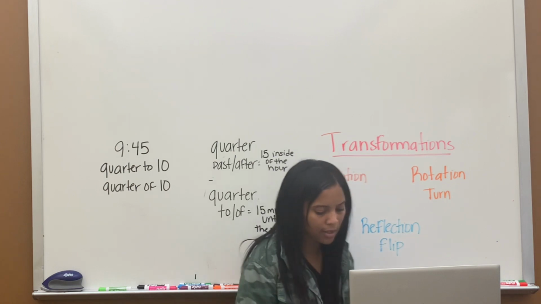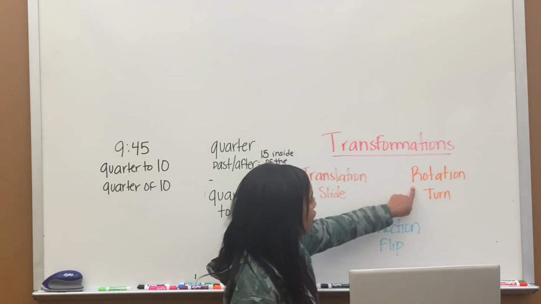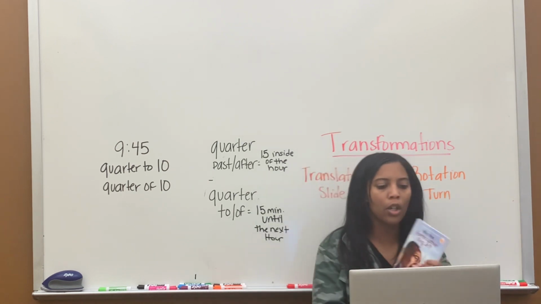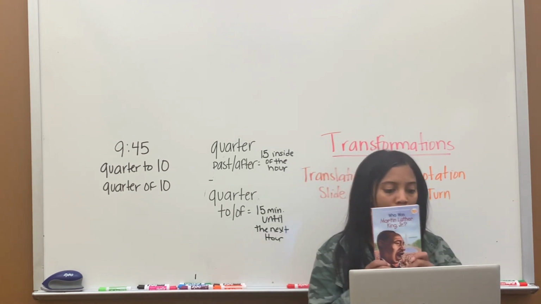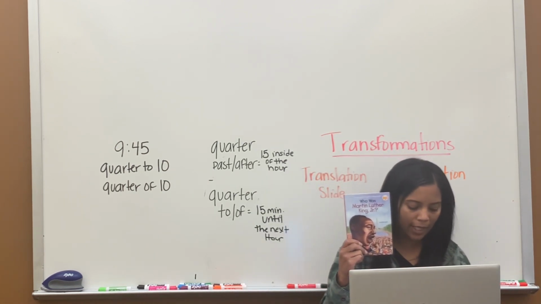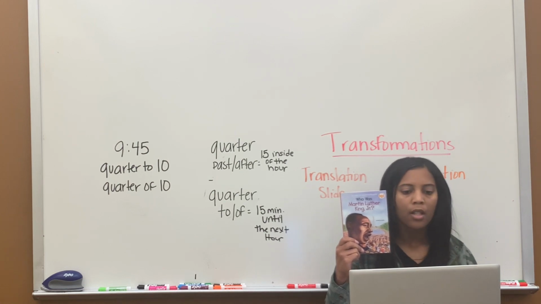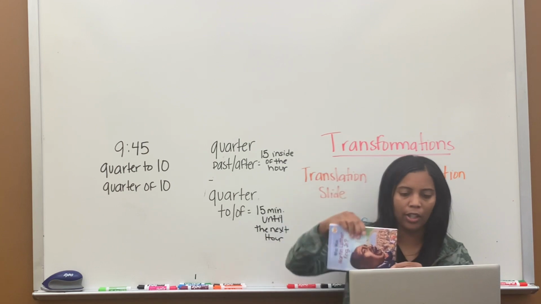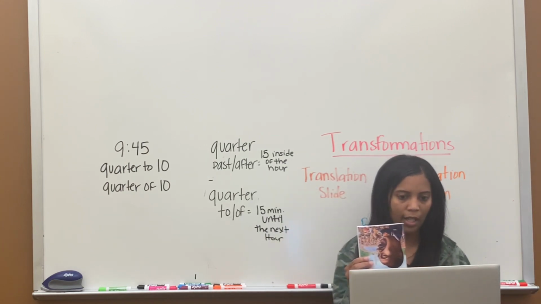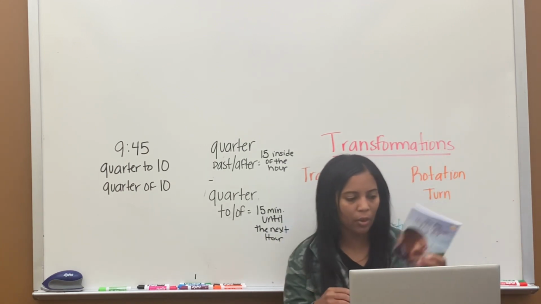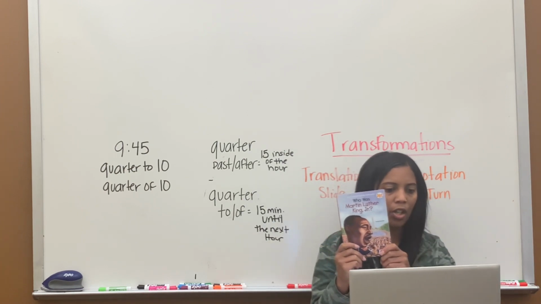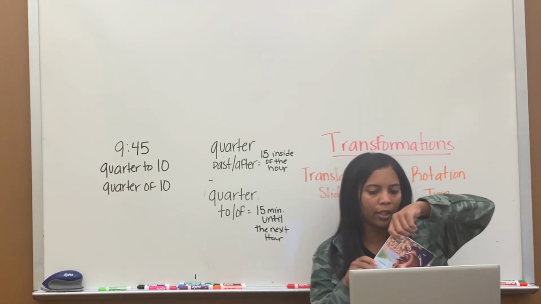Let's look at the next one, which is rotation. Everybody has a rotation? So rotation means to turn. Put your cookie or whichever one you're using inside of the empty box, and now turn it. All you have to do is turn it.